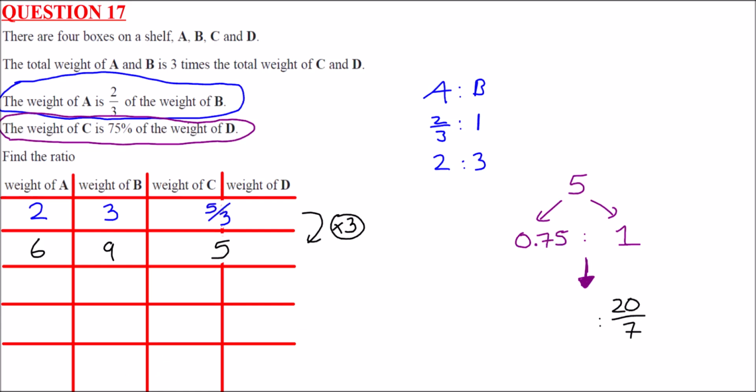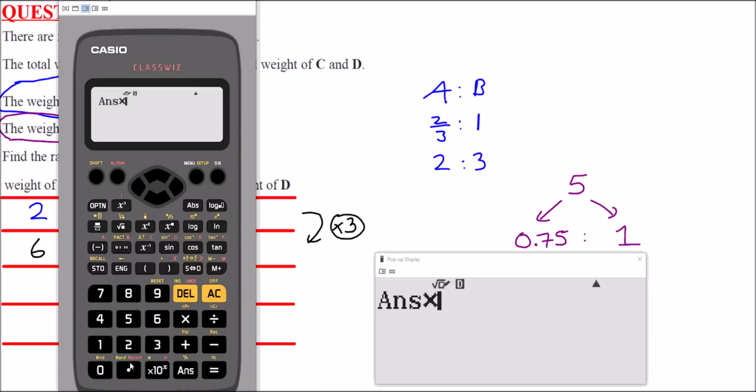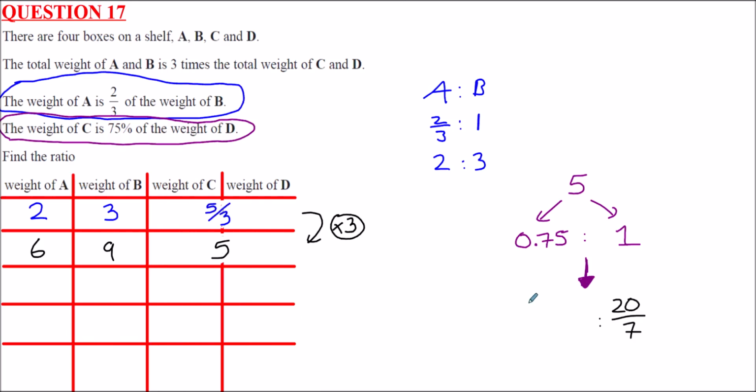So if I multiply that by 0.75 now, I get 15 over 7. So out of 5, C is going to be 15 sevenths, and for D, 20 over 7.